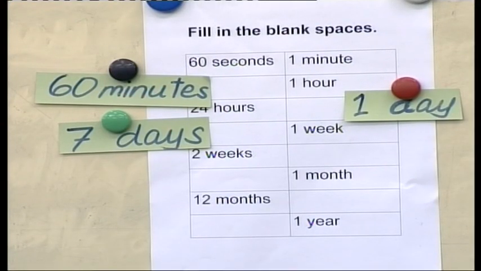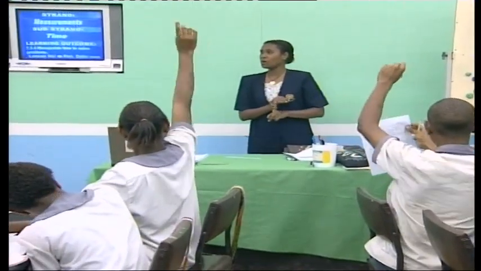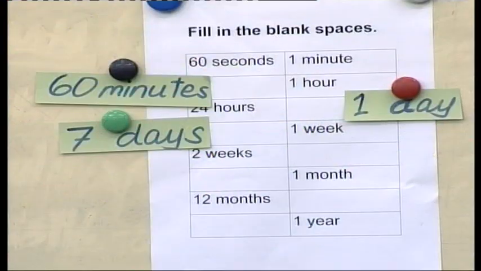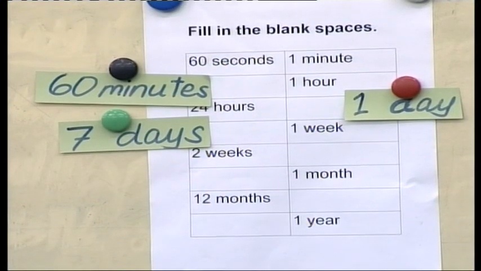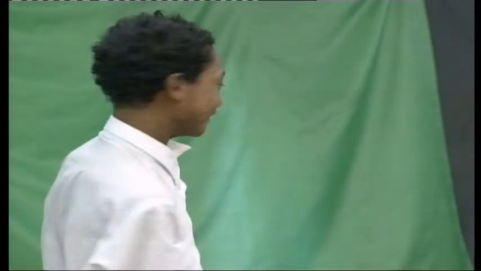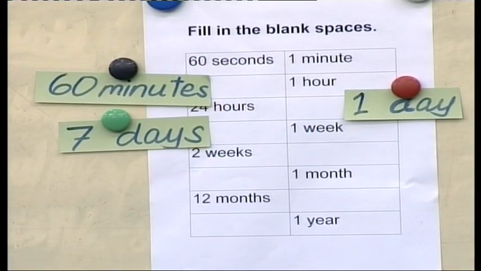I'm still looking for another answer. We can say 14 days, but there is something that represents the answer to that blank space. 2 weeks is equals to, John? One fortnight. Very good. 2 weeks is equals to 1 fortnight.